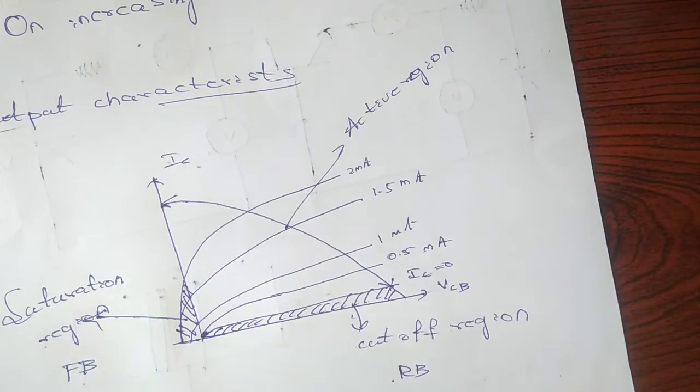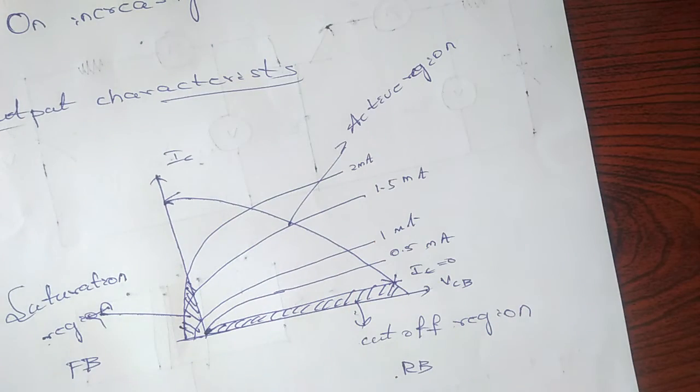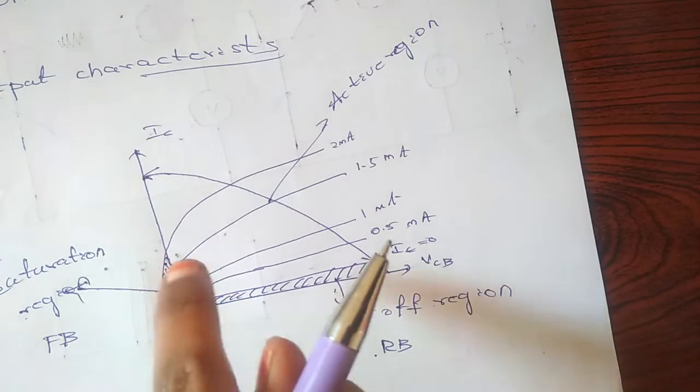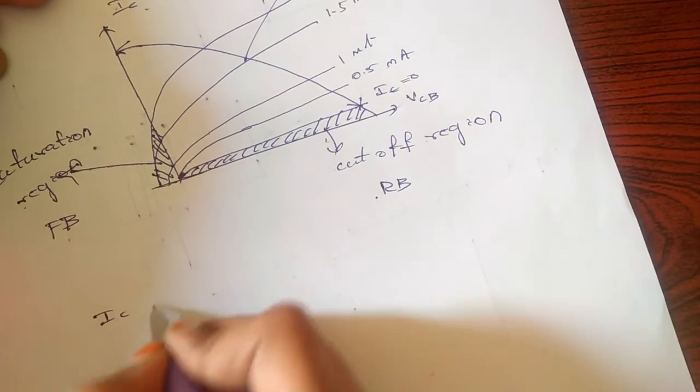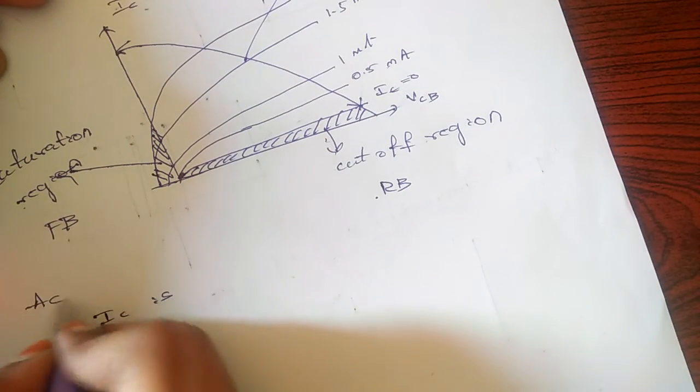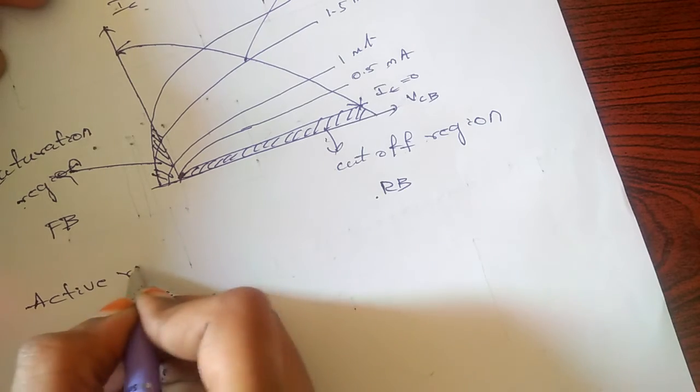Here in the active region, the IC current is slightly less than the IE current. Why so?